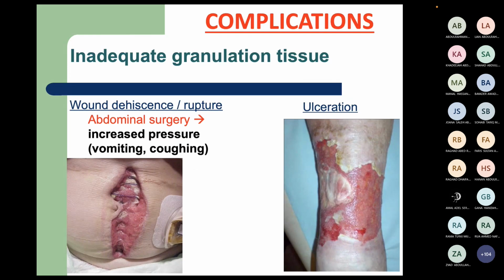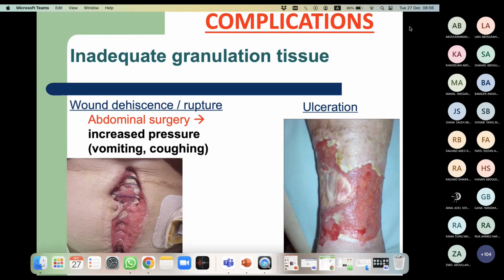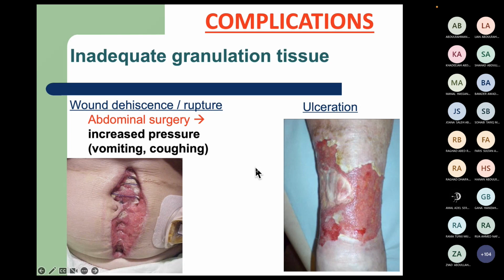So these are some of the complications because of inadequate granulation tissue. One is called wound dehiscence. This happens in surgery, abdominal surgery. This was a lady who had a cesarean section for the birth of the baby.